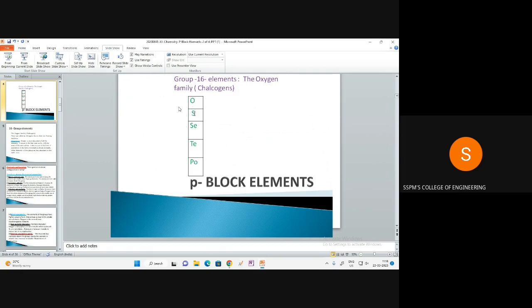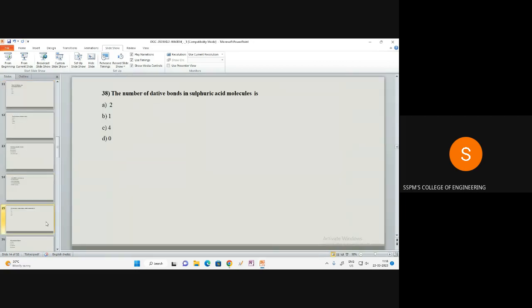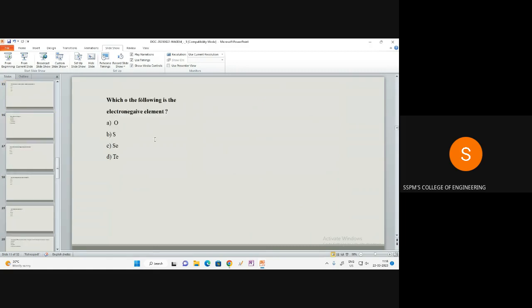The bleaching agent is sulfur dioxide, and it is due to its reduction characteristics. Then dative bond, and the most electronegative element is oxygen.